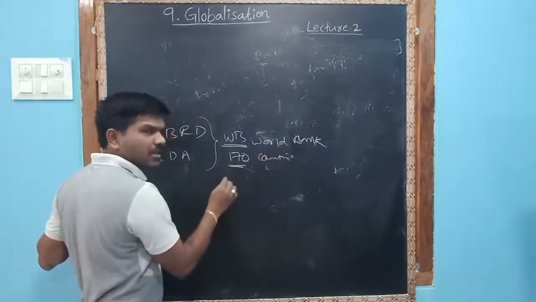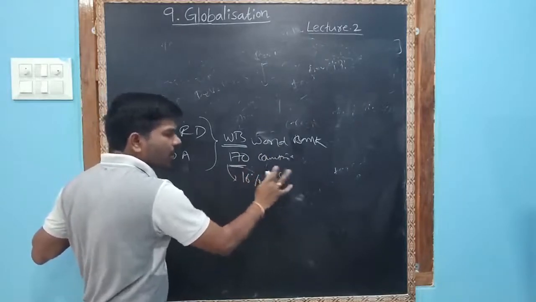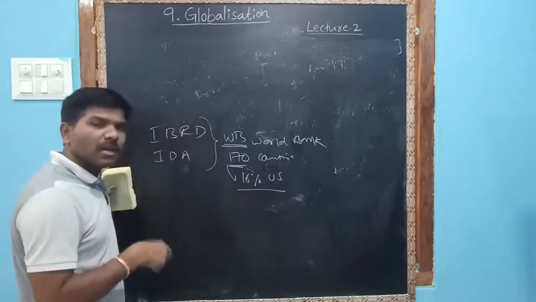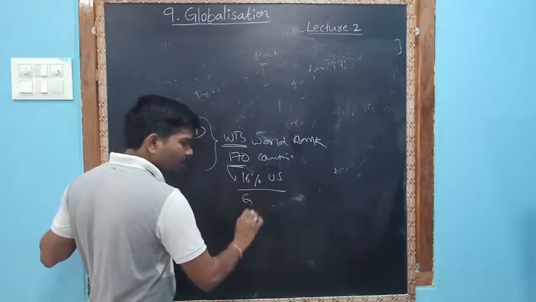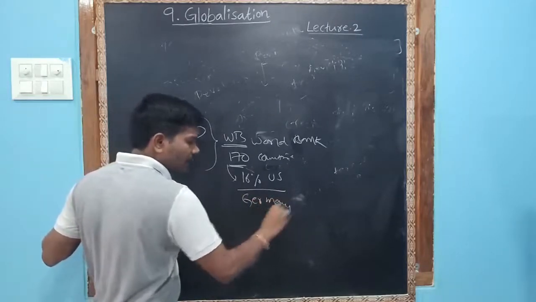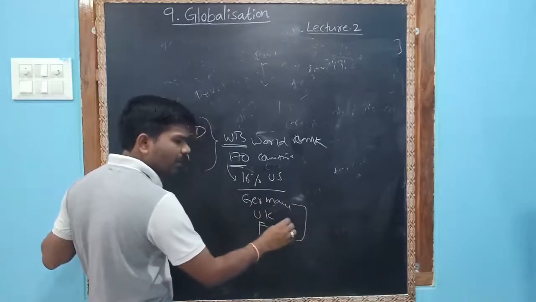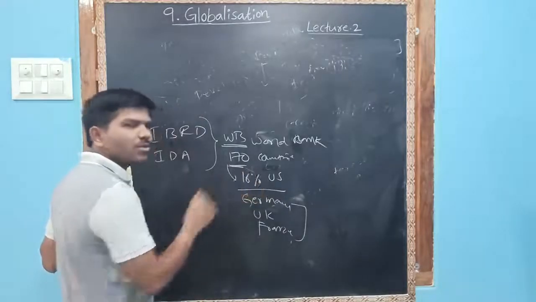Still, 16% of the vote majority goes to the US. That means the US can manipulate and force countries to follow. After the US, Germany, UK and France also have more votes, because the highest majority is the US.